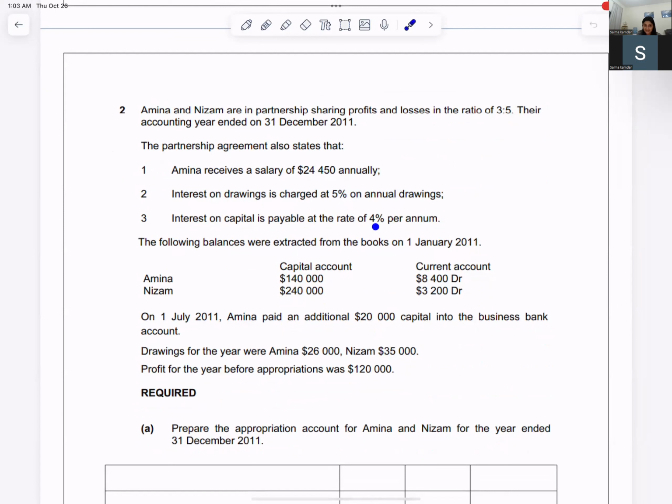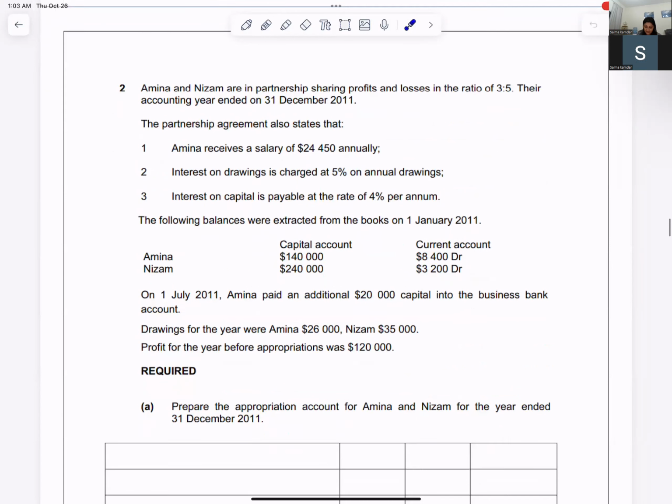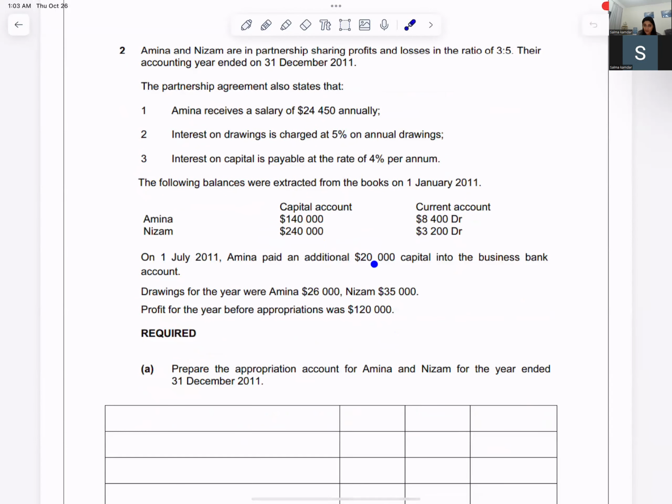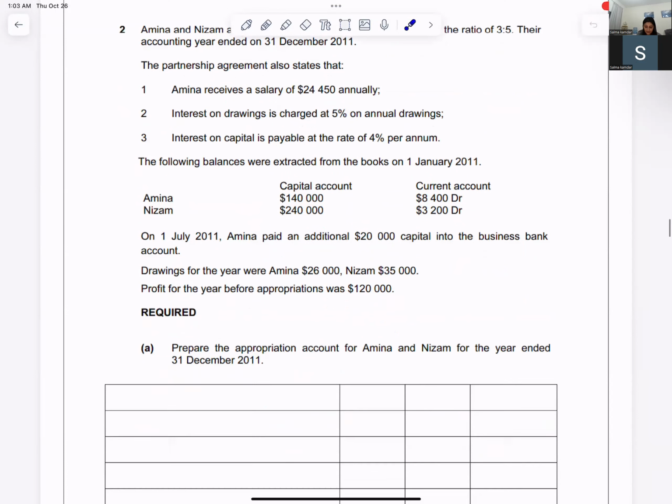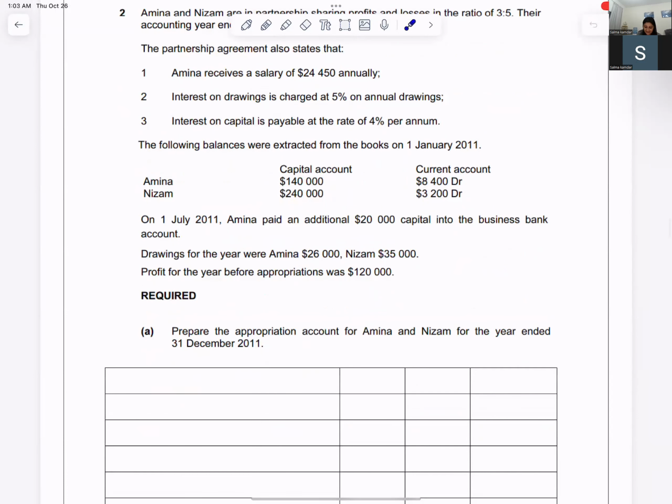Interest on capital is 4%. This is the balance of their capital account and this is the balance of their current account. There is an additional capital of 20,000 which is brought in the bank by Amina on 1st of July. Drawings for Amina is 26,000 and 35,000.